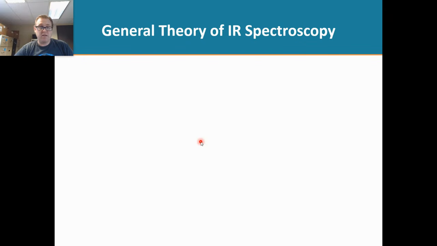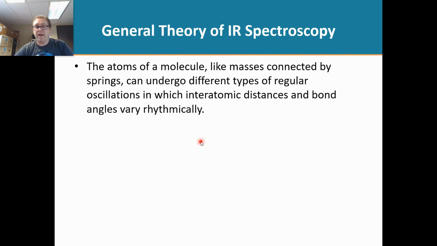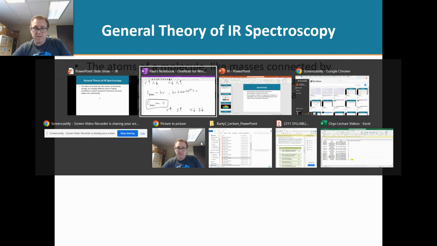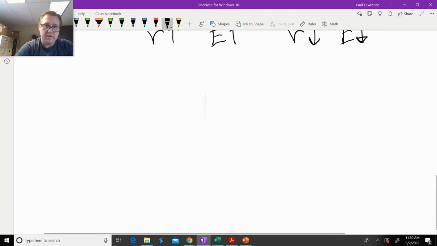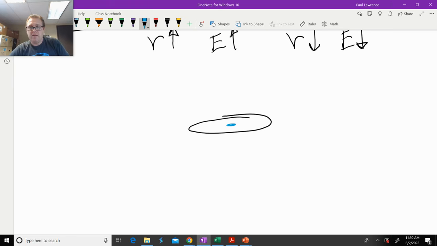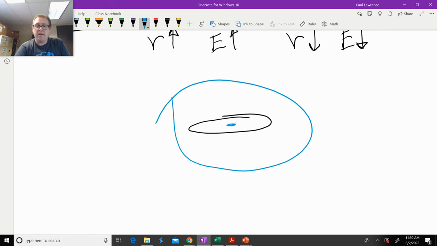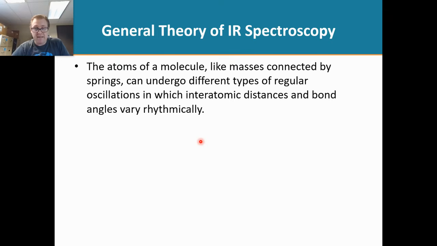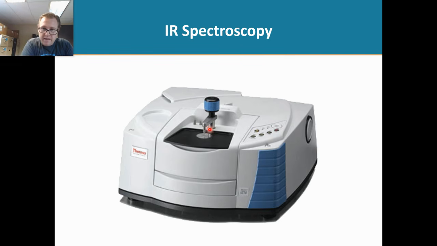So the general principle of IR spectroscopy is as follows. Let's draw here. What I'm going to draw right here is that little platform where you take your sample. So I'm going to put a little sample right there. So this little diagram right here is representing that little disc.